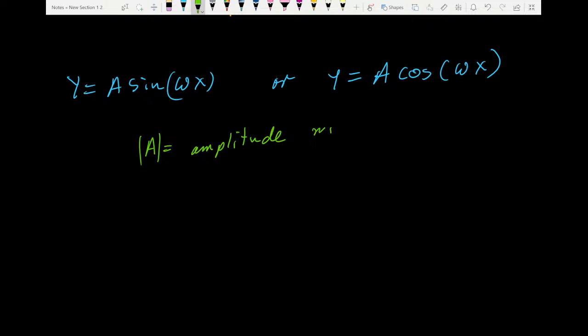That means the min or max, the highest it could be. And the period, which is known as T, is 2 pi over omega.